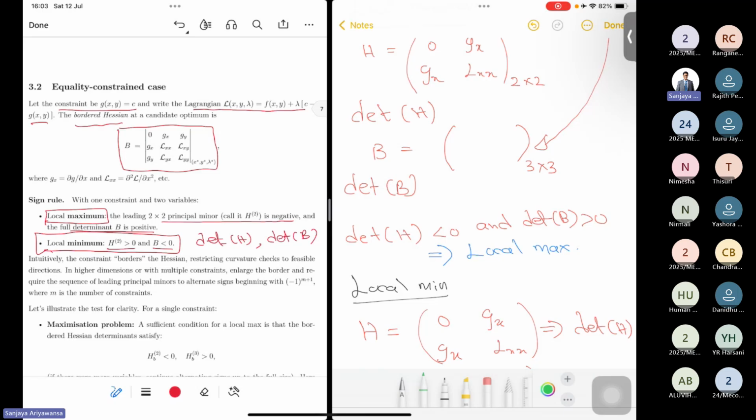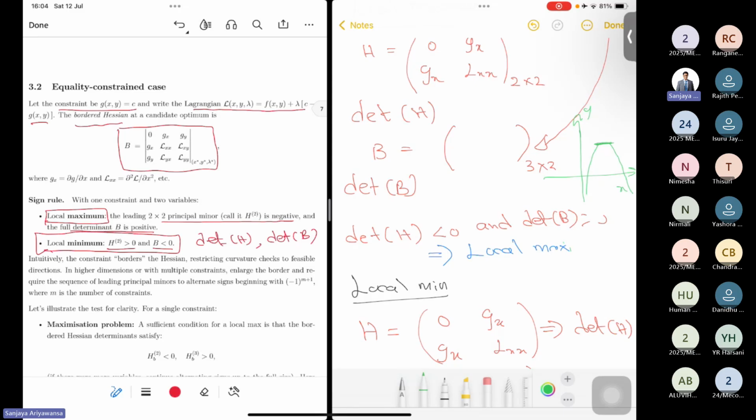In the case of a local maximum, your function would look something like this in 2D space. So you have your x, y in a 2D space. This would be a maximum. So this is your maximum point.